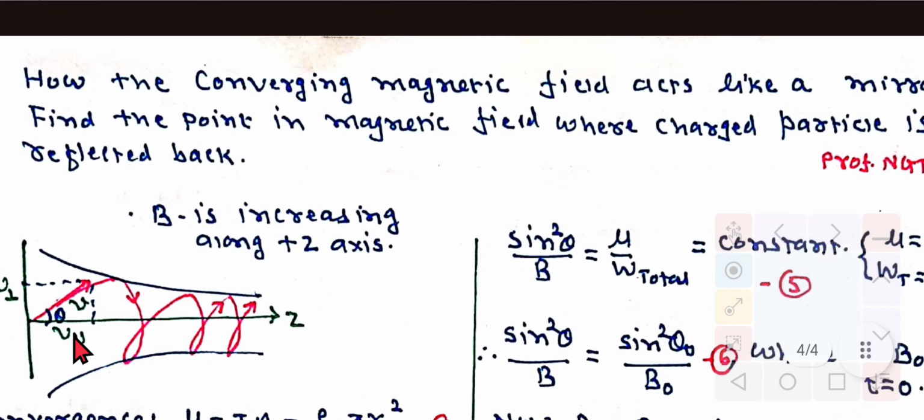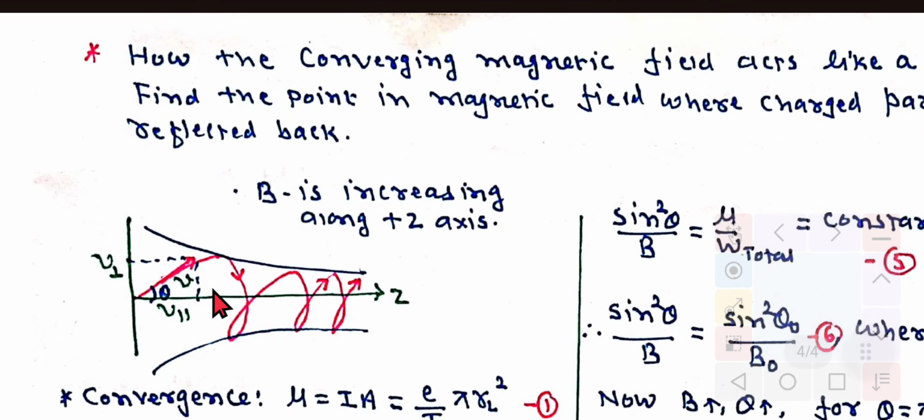Now you see this figure, B is increasing along the z-axis. This is the z-axis. B is increasing means, suppose these are the parallel lines of magnetic field, but this magnetic field is increasing along the z-axis.